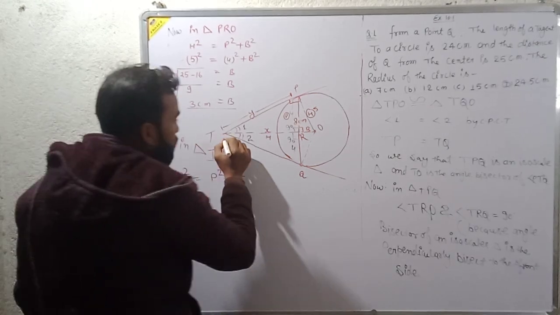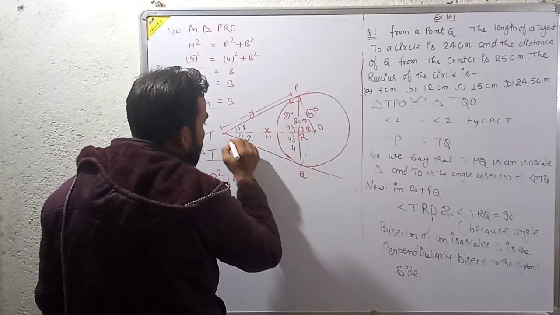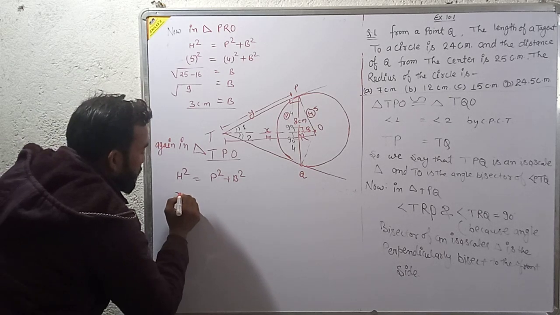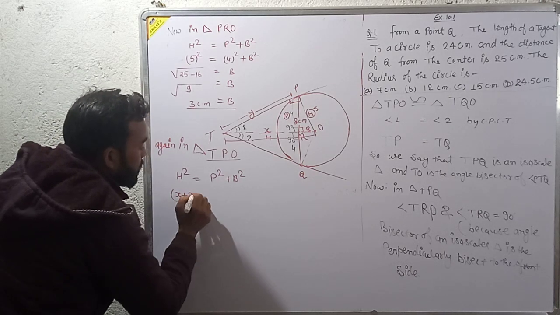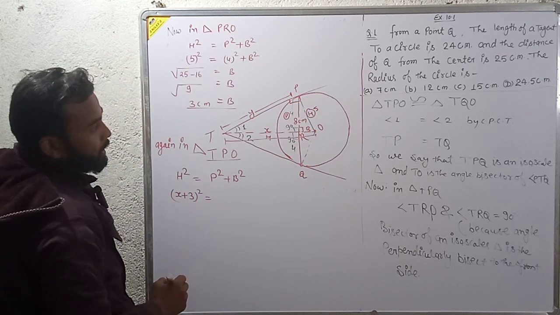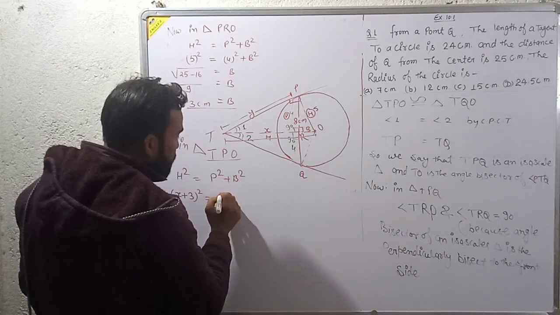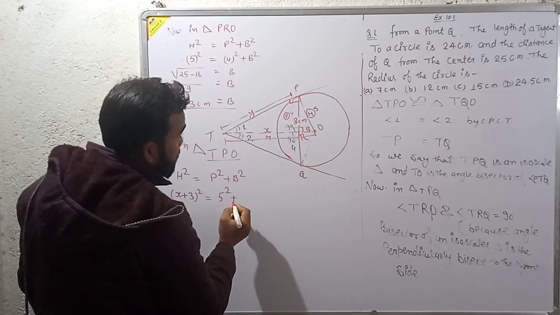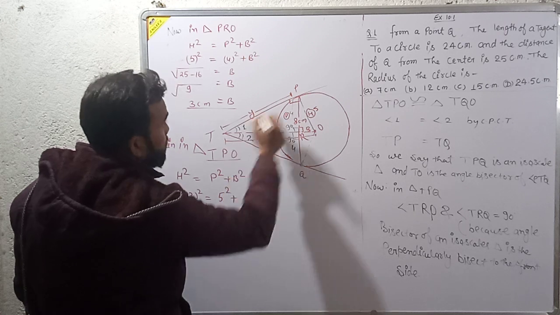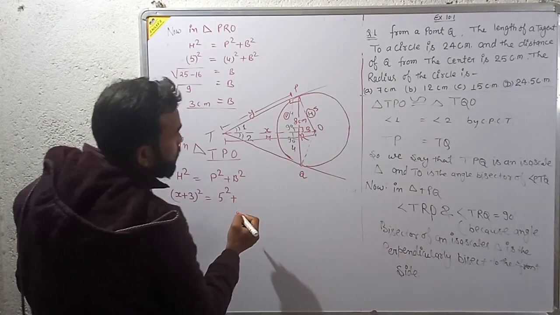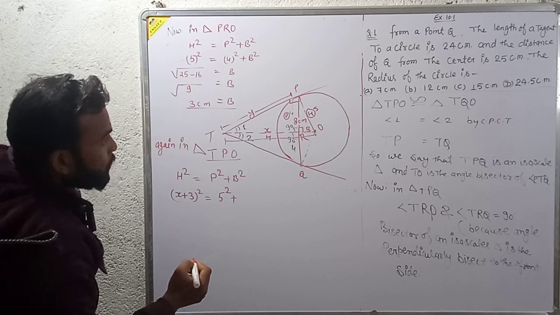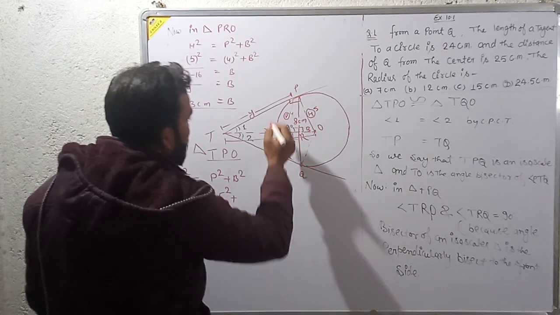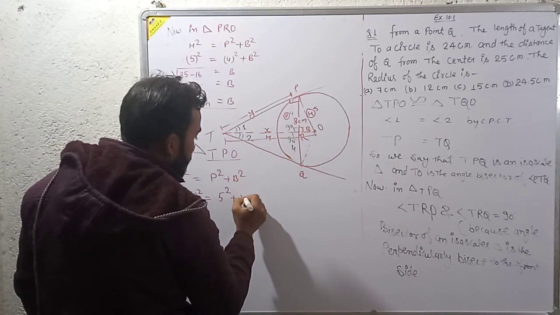Clear? This is equal to x plus 3, total length, this and this. So hypotenuse square, that means x plus 3 whole square is equal to 5 square plus y square.